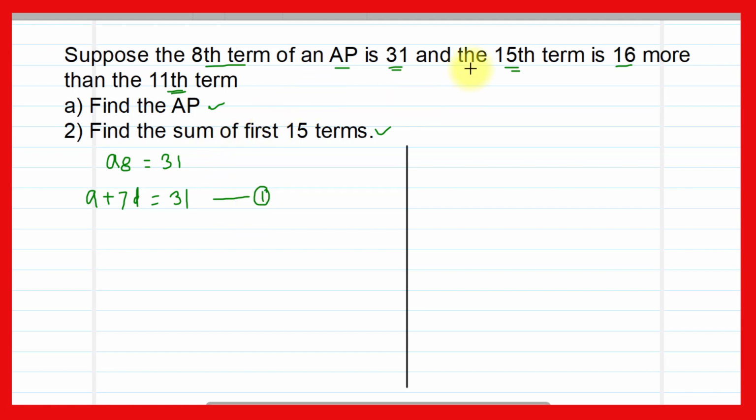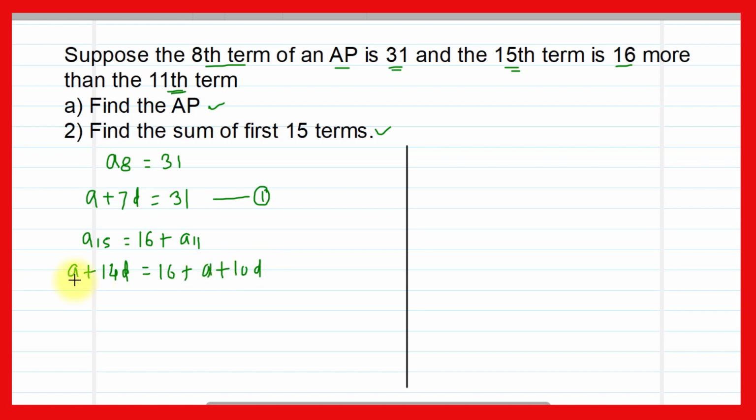Now here it is given in the second condition that the 15th term is 16 more than the 11th term. Now here A15 can be written as A plus 14D, which is equal to 16 plus A11, which can be written as A plus 10D.